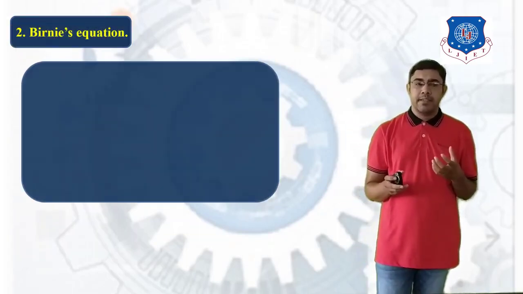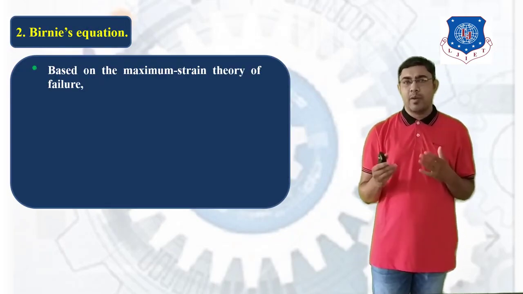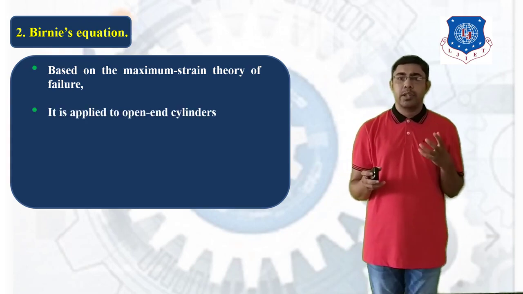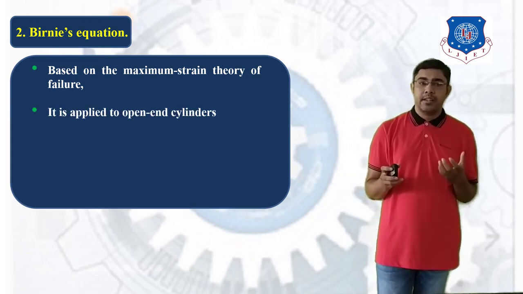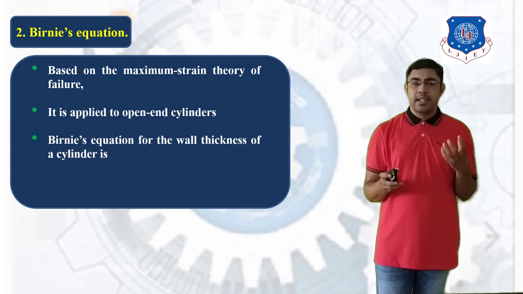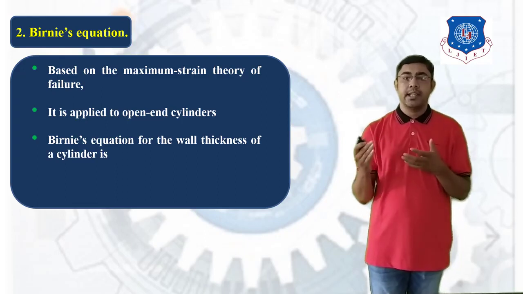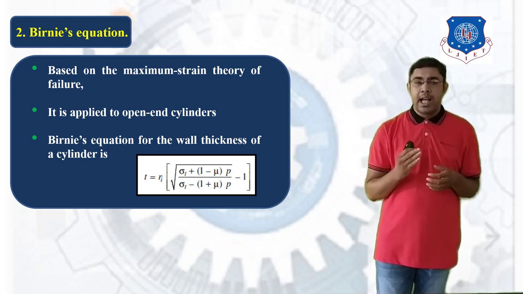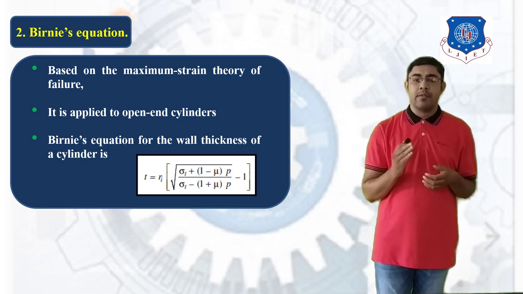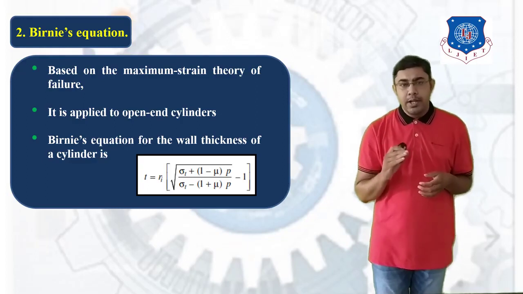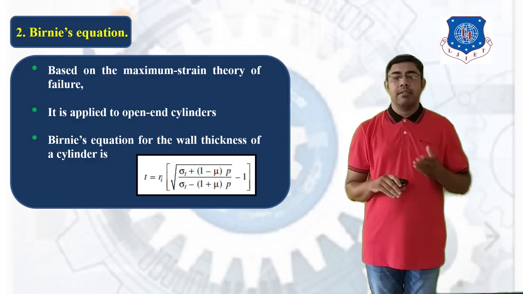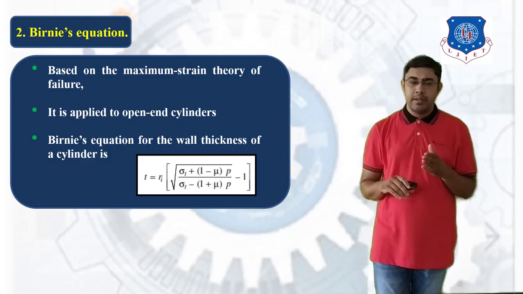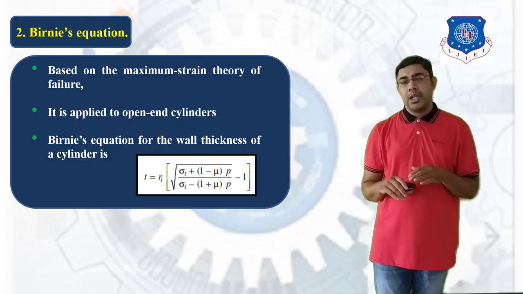Now next is Barlow's equation. This equation is based on the maximum strain theory of failure, and it is applied for open end cylinders. According to this equation, the wall thickness of the cylinder is given by t is equal to Ri into under root of (sigma T plus (1 minus nu) into P) divided by (sigma T minus (1 plus nu) into P) minus 1.